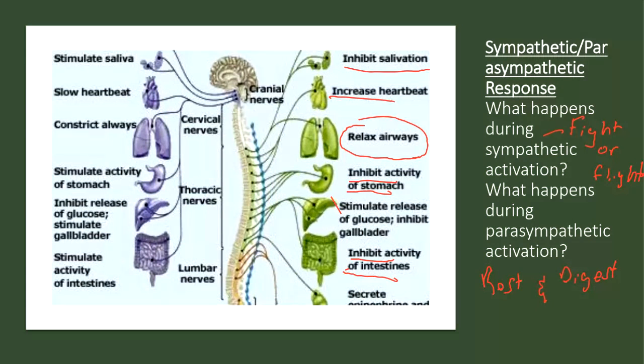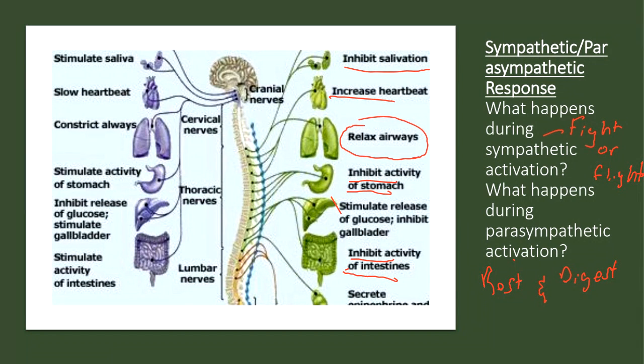That's your parasympathetic system activating, doing its thing. So we expect the opposite to happen. We don't want to run away. We just want our digestion to work. So saliva is stimulated, of course. We're eating. We need the saliva to start the digestion. We really don't need blood flow too much, so our heartbeat slows down.